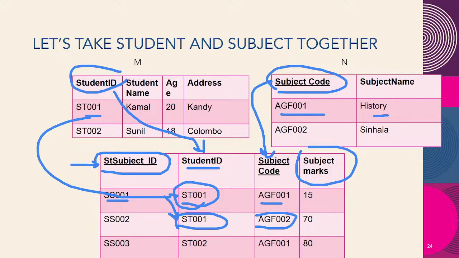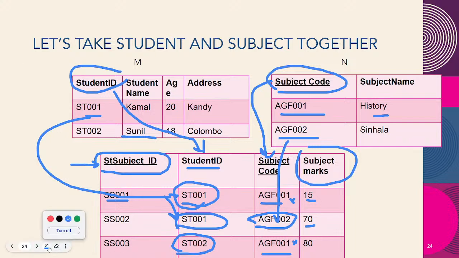Kamal is doing Sinhala. AGF2 is the Sinhala. Also we have the marks. And ST2, this is Sunil. Now Sunil is doing history. So Kamal and Sunil both can do history.